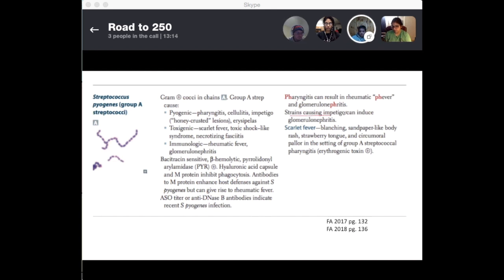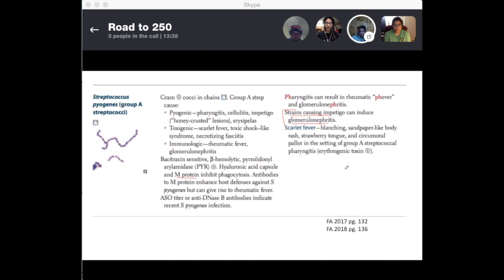Strains that cause impetigo can induce glomerulonephritis. I think, Pete, this is what you were trying to say a bit earlier. And pharyngitis can result in rheumatic fever and glomerulonephritis. So, again, keep that in mind. And the M protein, like I said, you can get M proteins for both rheumatic fever and glomerulonephritis, but they're just different subclasses.